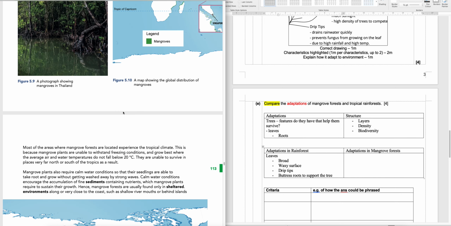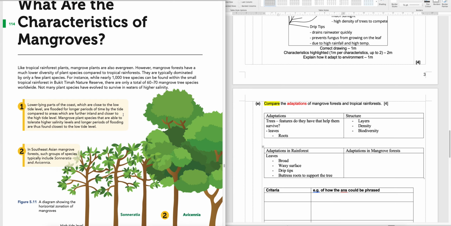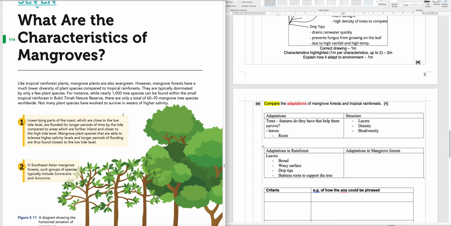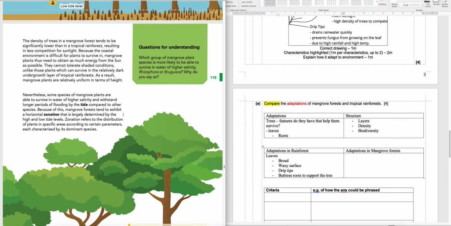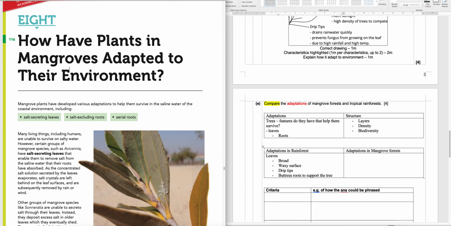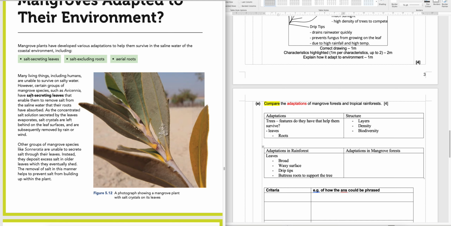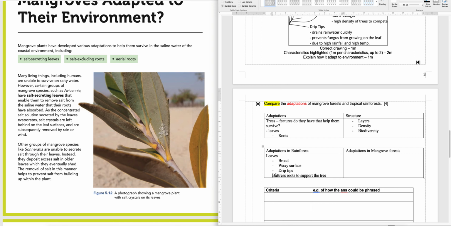Now for mangrove, what do we have for adaptation? Okay, so you see that mangrove adapt to the environment. They have leaves that secrete salt. Salt secreting leaves.